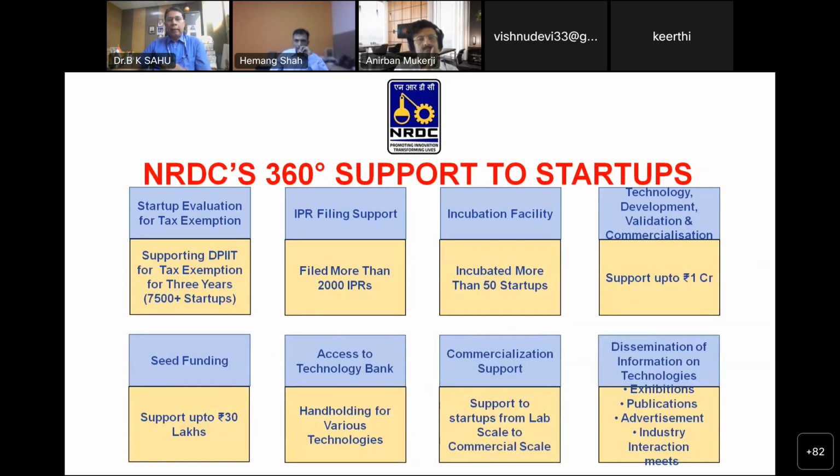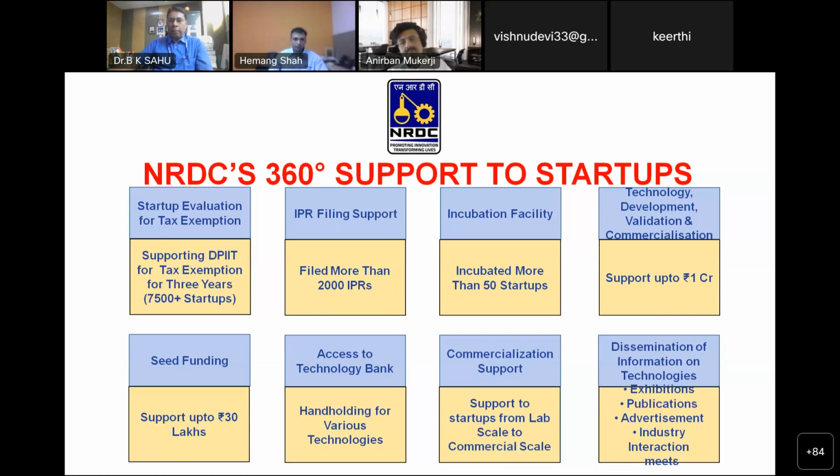NRDC, as an organization, gives 360 support to the startup ecosystem and the present ecosystem of governance, from startup evaluation for tax exemption to incubation, seed funding, IPR protection, technology transfer, technology information, and is also part of the global ecosystem of innovation today, where we are looking after the Technology Innovation Support Center of WIPO, and taking Indian technology globally, particularly in setting up demonstration centers in many African countries.